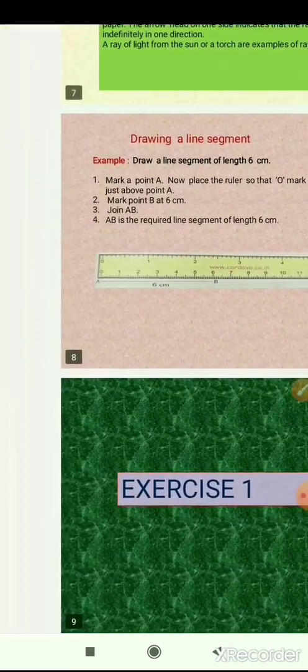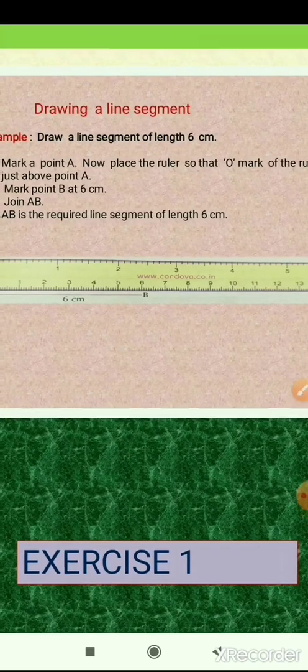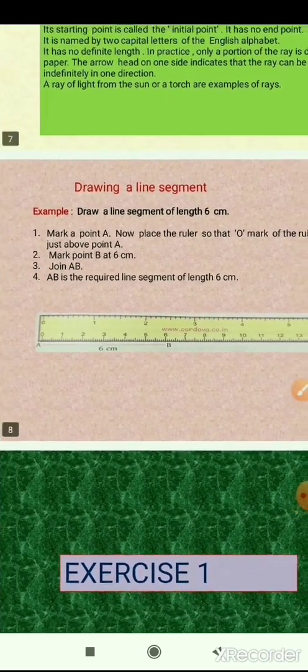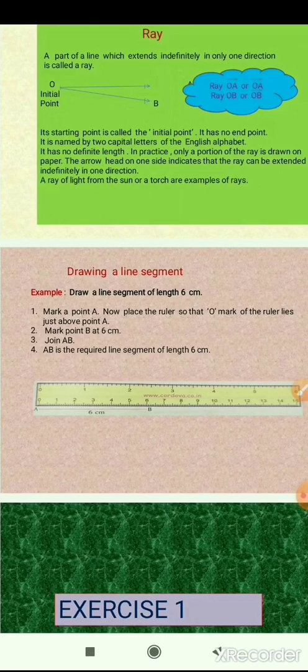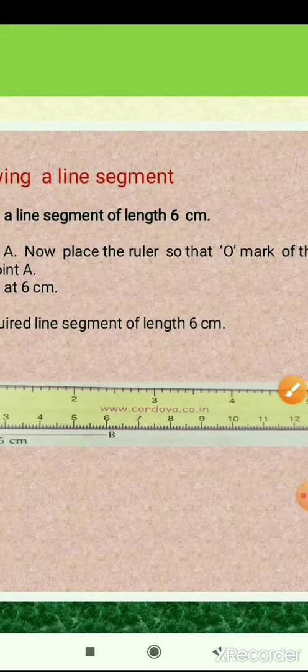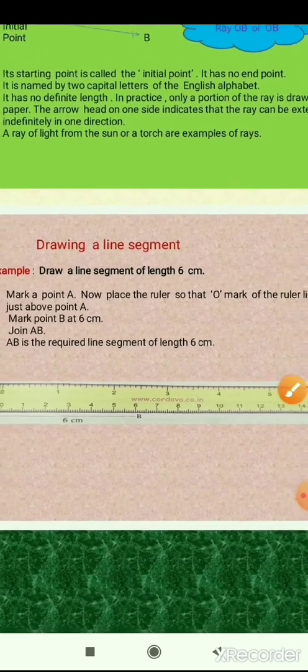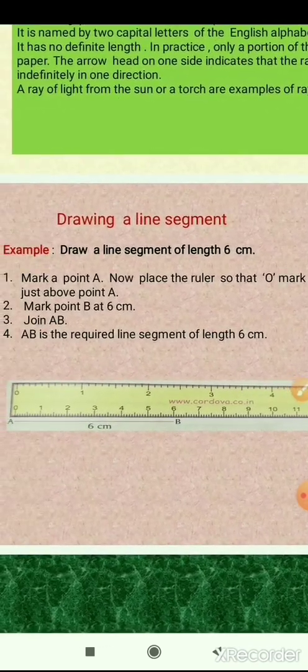See, students, here we will learn how to draw a line segment. For example, draw a line segment of length 6 centimeter. First, take a ruler.